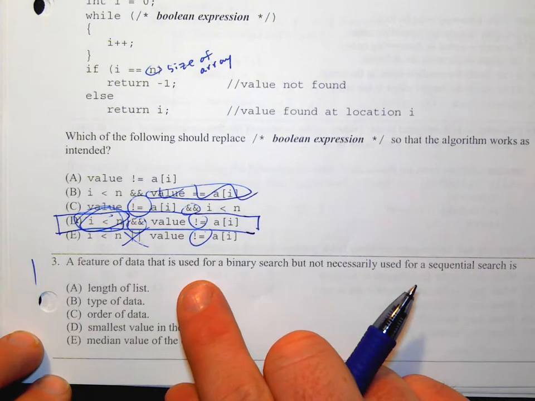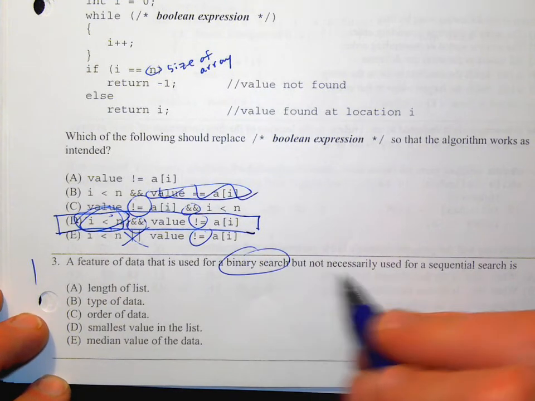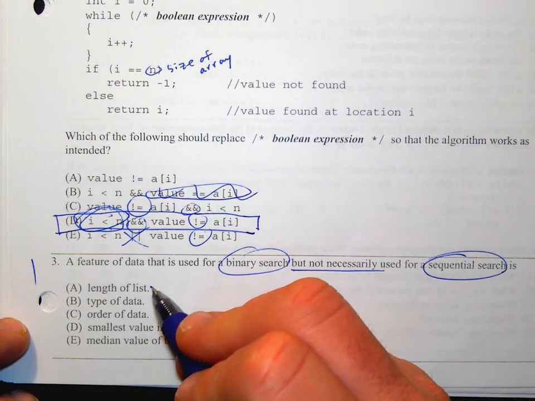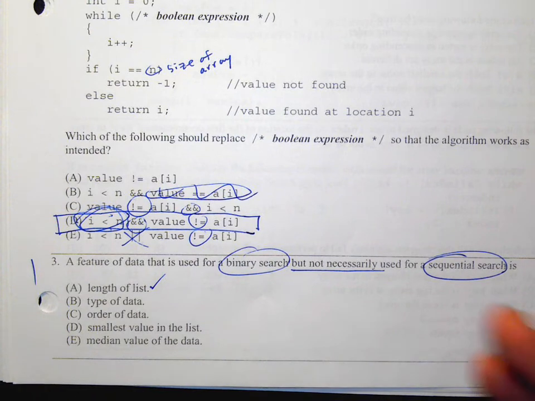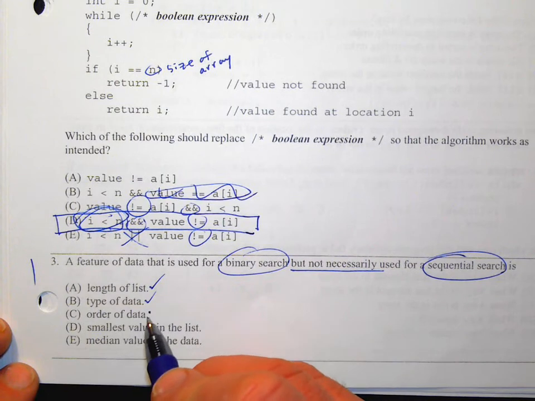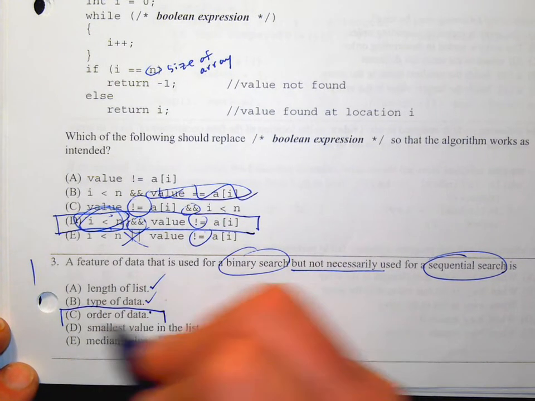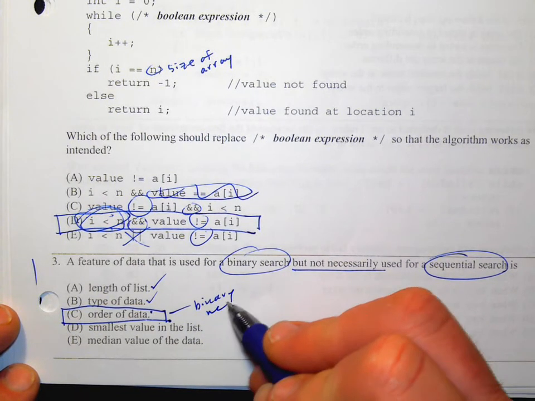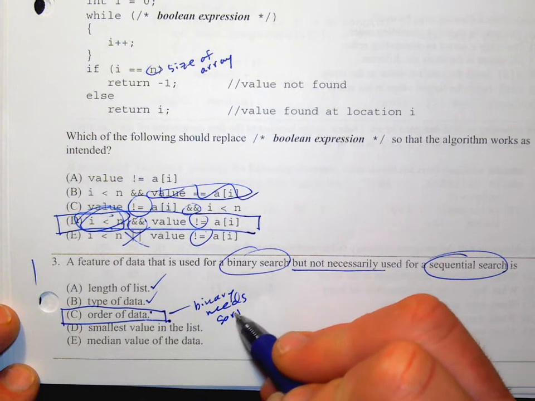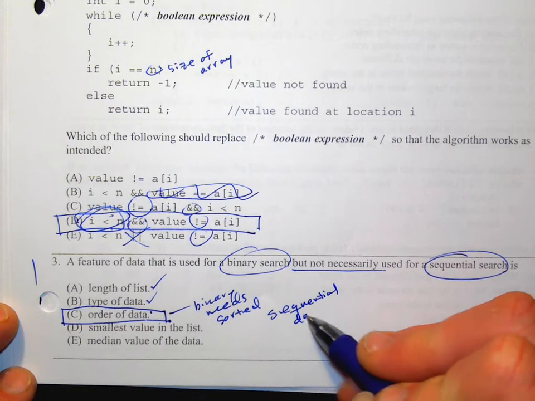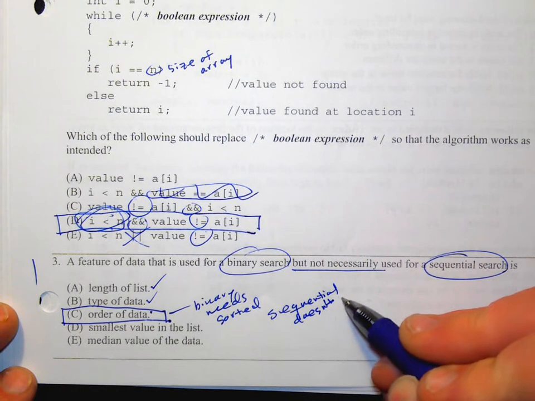A feature of data that is used for binary search, but not necessarily sequential search. So what does binary need that sequential doesn't necessarily need? Does the length of the list matter? No. I mean, one can be better or worse, but it doesn't need it. Type of data? No. Order of data? Binary needs it to be sorted. Sequential doesn't need it, but can take advantage of it.